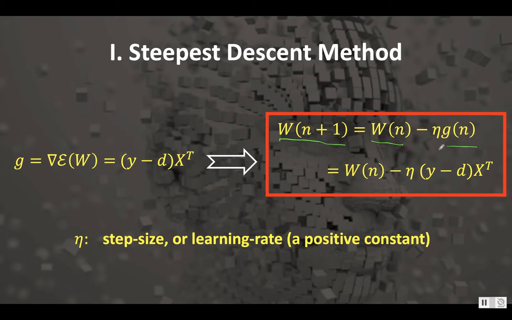Here, the Gn is the gradient of the cost function, as we showed in the previous video. That's equal to the product of y minus d multiplied with x transpose. And here eta is a new variable. We call that the step size or the learning rate. It is a positive constant.